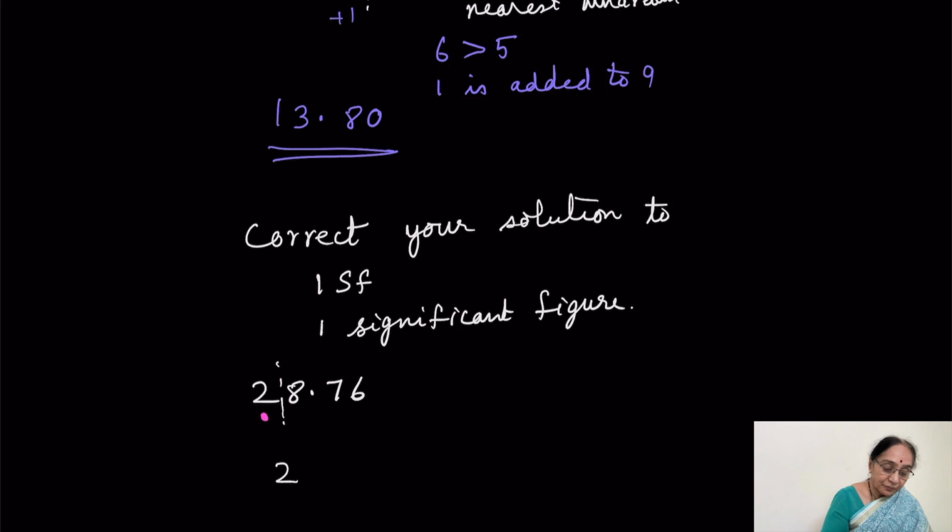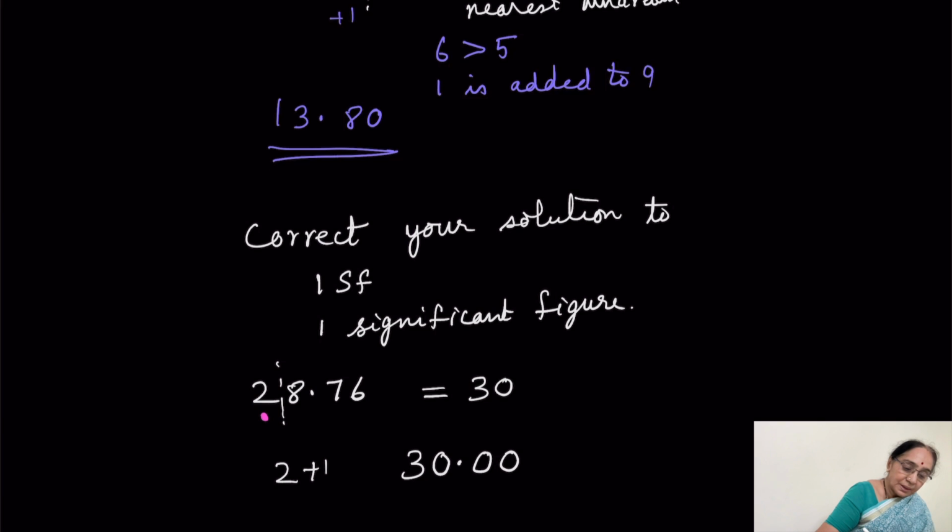If it is 5 or greater than 5, add 1 to the previous digit and make the rest of it zeros. So here 2 plus 1 is 3, and then you change the rest of the numbers to 0. So your answer is 28.76 is equal to 30, correct to 1 significant figure. We write it as 1SF.